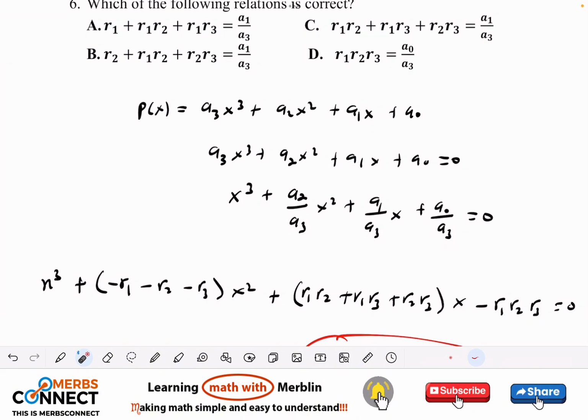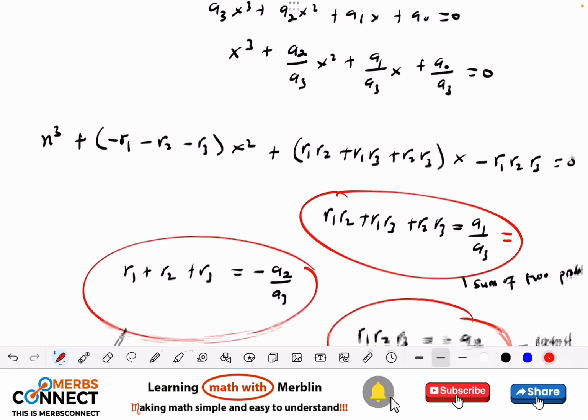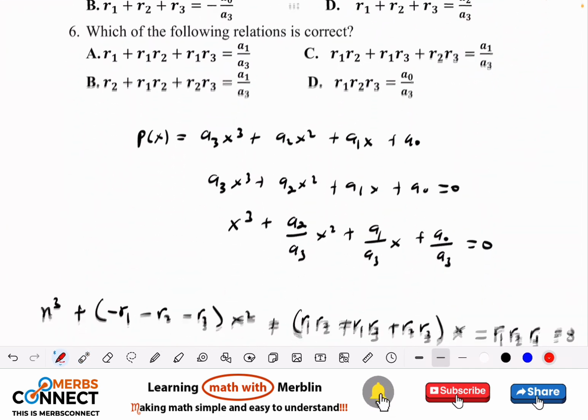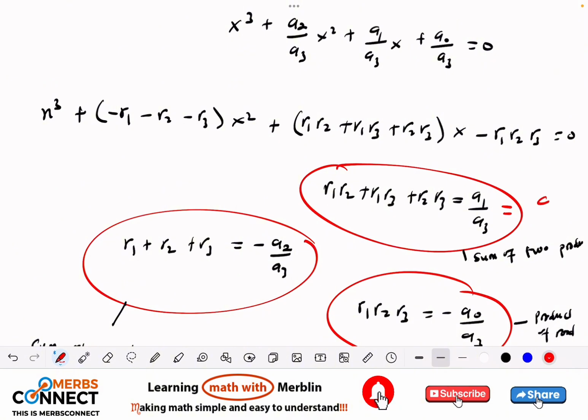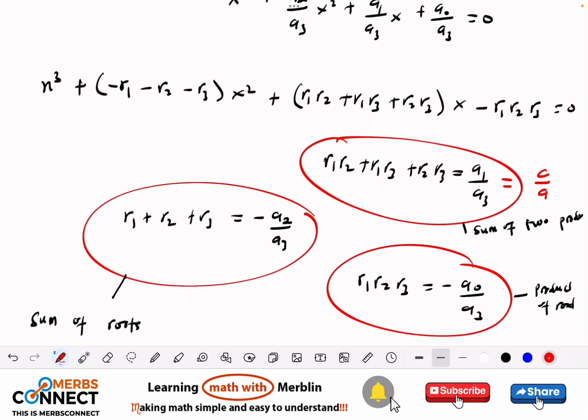So if this one is equal to the one we are having here, then this one will be c divided by a, which is like the product of roots in the quadratic. And the last one here will be minus d over a.